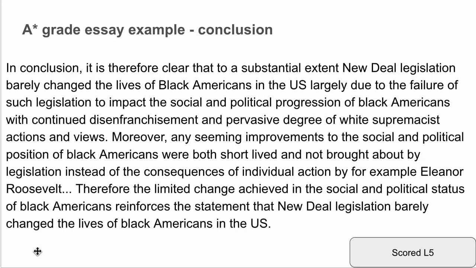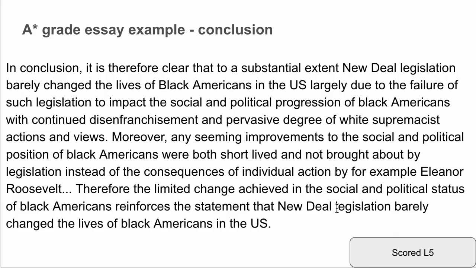If we look at the A star conclusion, again, it links back to this definition of how it's assessed whether the lives of Black Americans have changed or not, by linking back to social and political status. And it talks about these being short-lived and limited, and therefore overall it agrees with the question that the New Deal legislation barely changed the lives of Black Americans in the US.